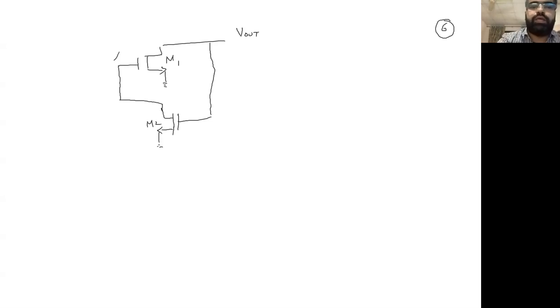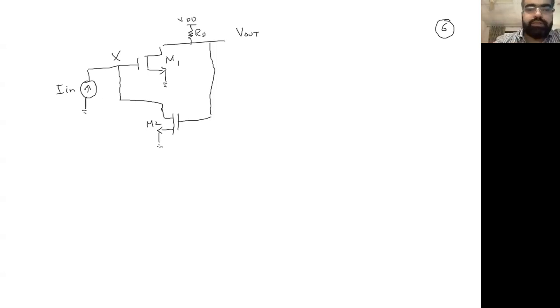This is a node X, for example. Input current, you have something RD, and this is VDD. Okay. So let's start again.